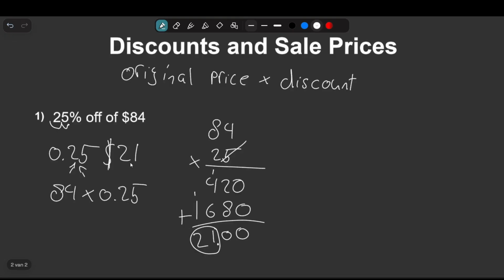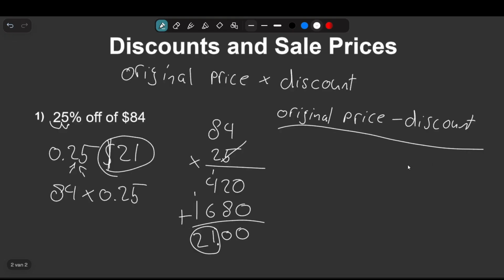We can figure out the sales price by taking the original price and subtracting our discount, which we have just calculated as 21. So I'm going to write this down over here. We're going to do our original price minus our discount, and this will get us our sales price.